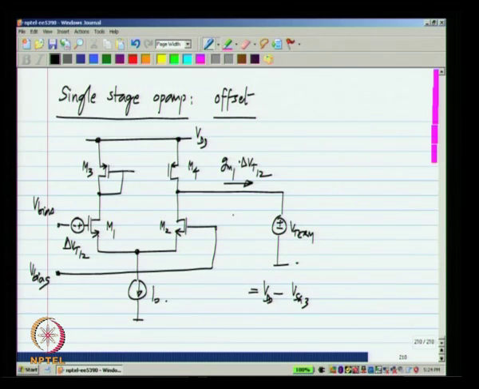We also have to calculate the effect of offset between M3 and M4. As with noise, the effect of each of these is very small. These are small signals and we simply add up the results. Now, for this analysis delta VT12 is 0 of course, so we will not have this.